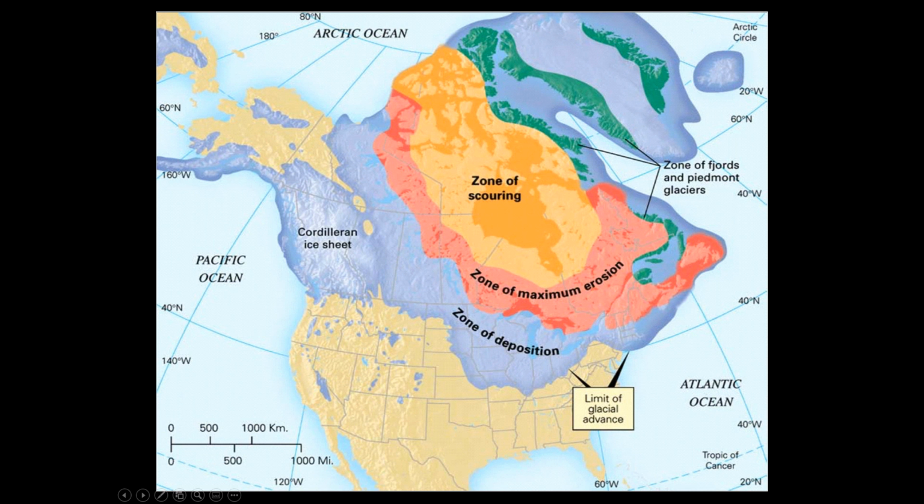This area, the zone of deposition, is where some of that material eroded through the scouring and erosion process of these continental ice sheets was deposited. So we find a lot of stuff. We can thank the people in Canada for a lot of the soils and material that covers the northern central part of the U.S.